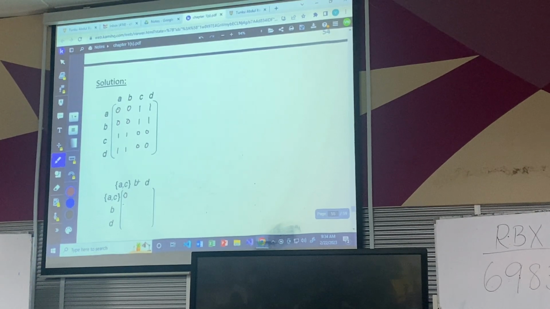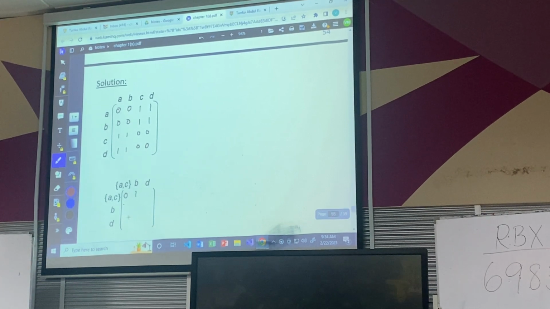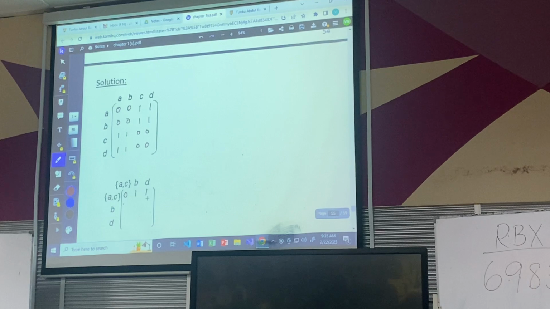For column B, when I combine row A and row C, this one is 0 and this is 1, so we combine it using OR, like I asked you just now: 0 or 1 is 1. Come to column D, we also combine row A and row C. Here A is 1, C is 0, so 1 or 0 is 1. That is how you get the first row.